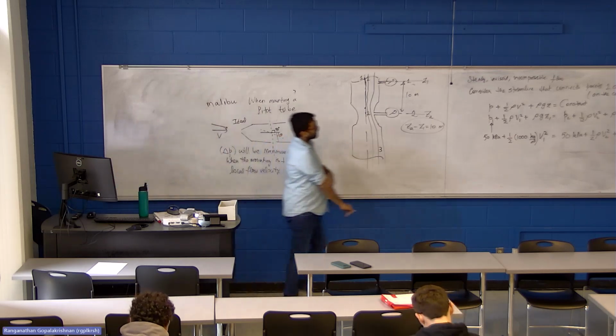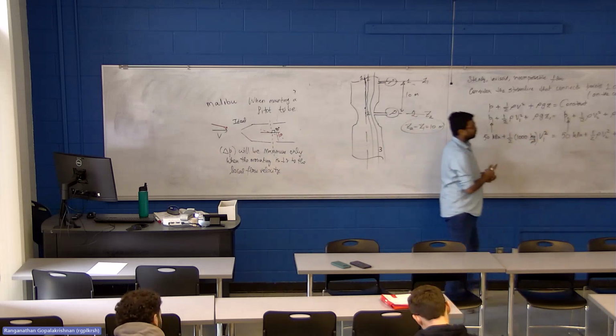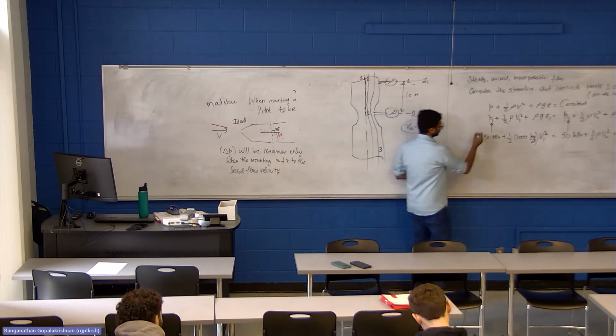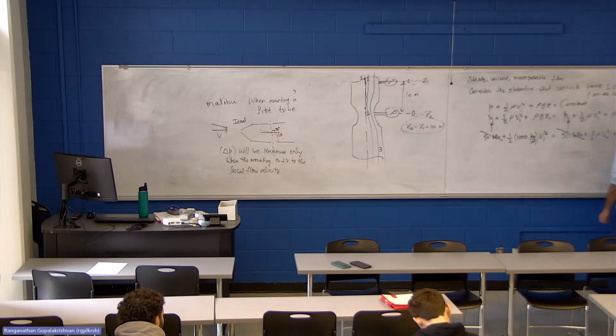Why I wrote 50 kilopascal here again is that P2 is also given to be 50 kilopascal. That cancels out, and Z2 minus Z1 is 10 meters.